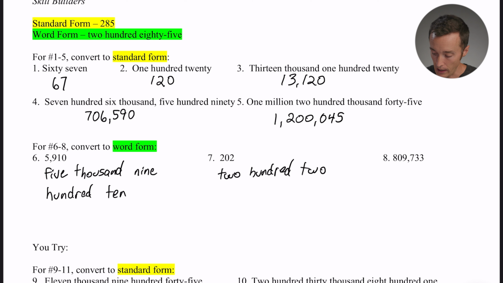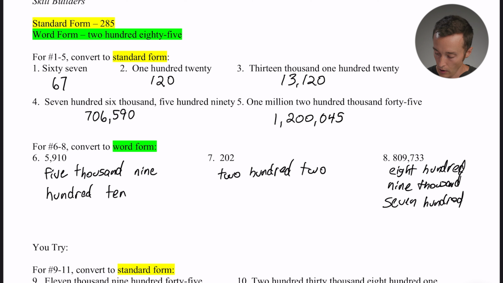So we're just writing all that out. Ready? 809,733. Yeah, I definitely didn't leave enough room, but you get the idea.